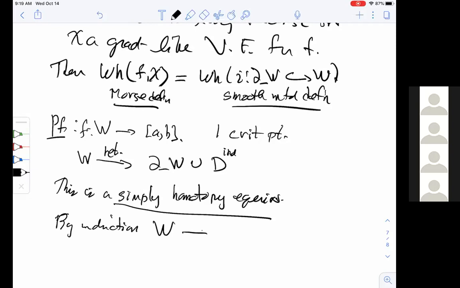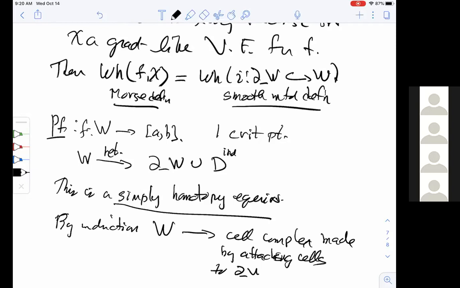W to the cell complex made by attaching cells to boundary minus W, one cell for each critical point. This is a simple homotopy equivalence.